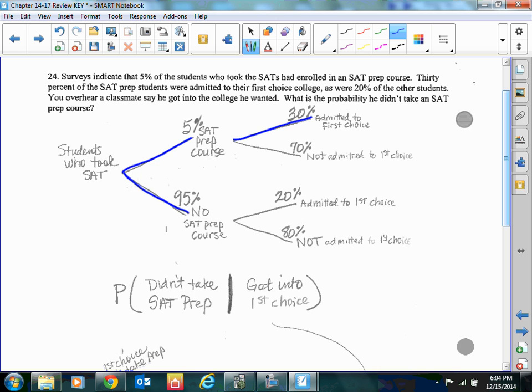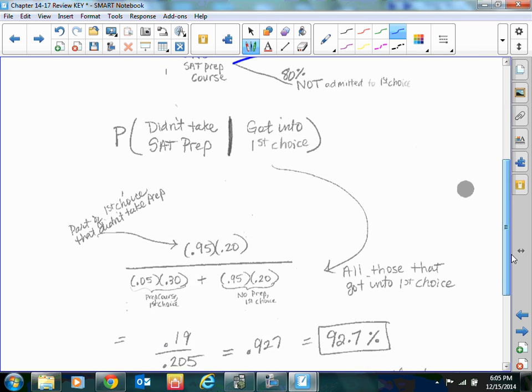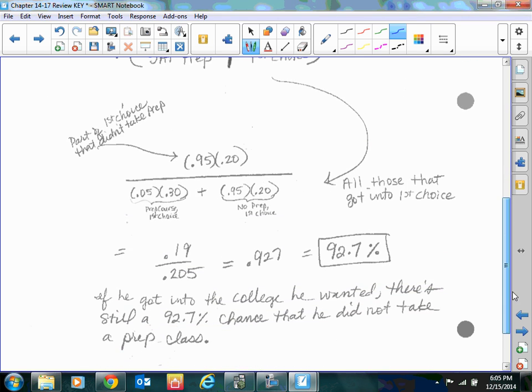And so then it says 20% of the other students got admitted to their first choice. So the way you get admitted to your first choice is 0.05 times 0.3, and whatever that is, plus 0.95 times 0.20, and whatever that is. So that is your ways to get admitted to your first choice.